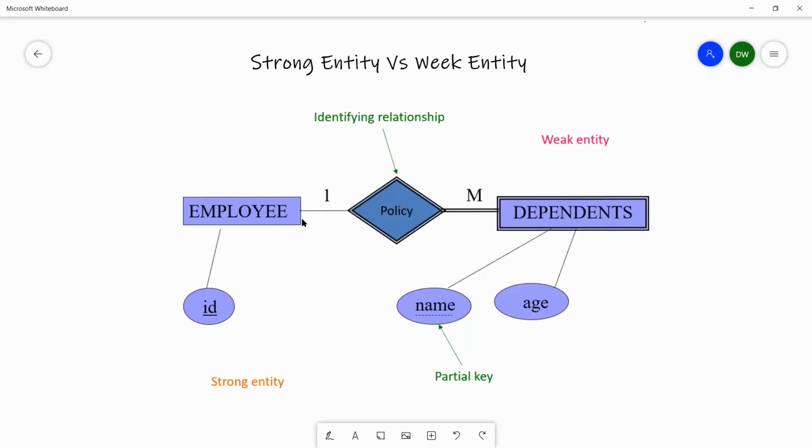That means if you don't have that strong entity, then no weak entity will be there, right? And the other thing you have to remember, when you have a weak entity, it does not contain any specific primary key allocated to it. Rather, it has a key which is called a partial key, because that is also some kind of derived one from employee or the strong entity relationship.